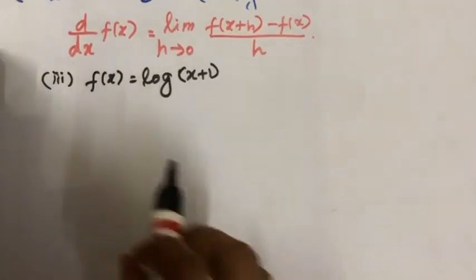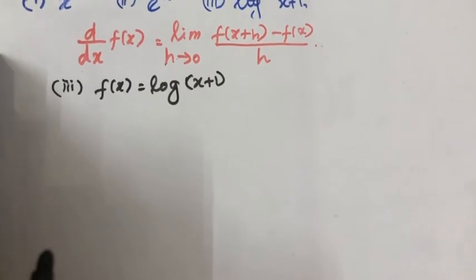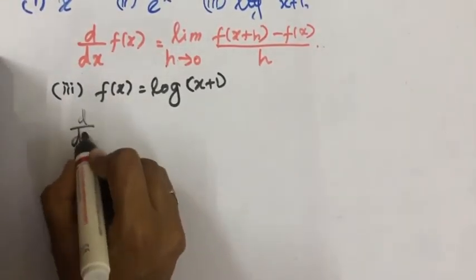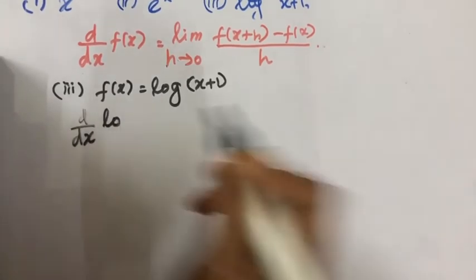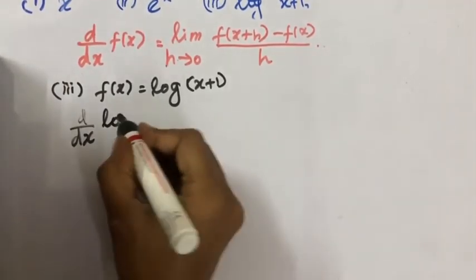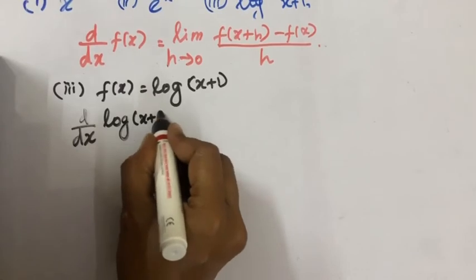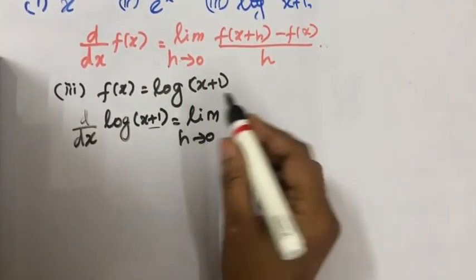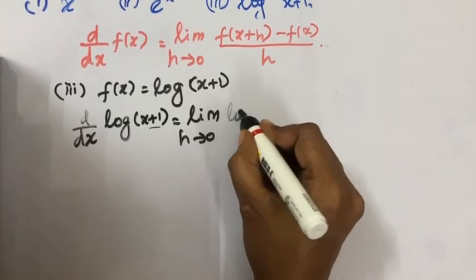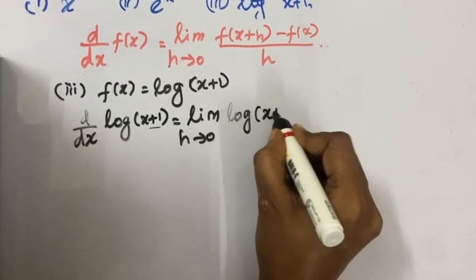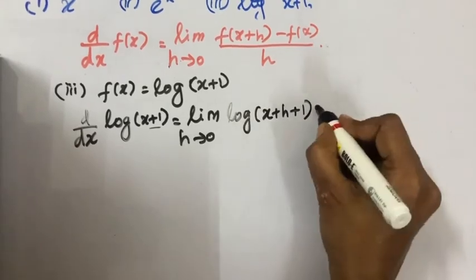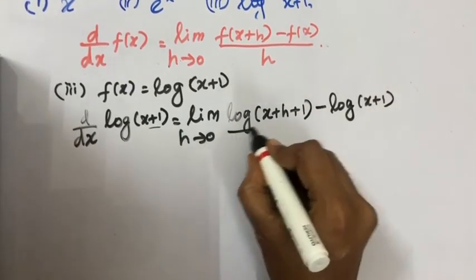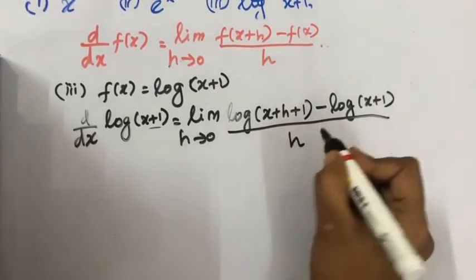And our third subdivision f of x is equal to log x plus 1. So, d by dx of log x plus 1 is equal to limit h tends to 0 log x plus h plus 1 minus log x plus 1 divided by h.